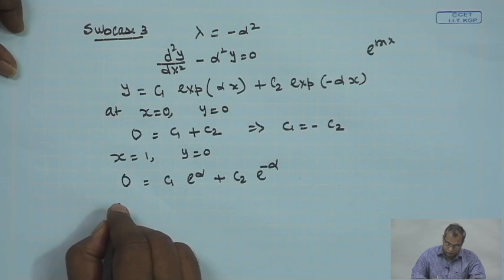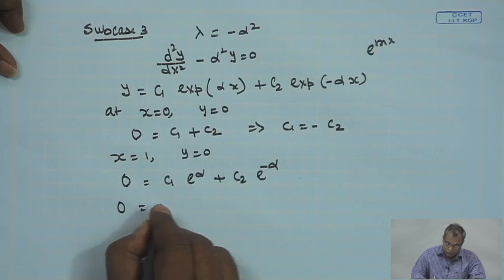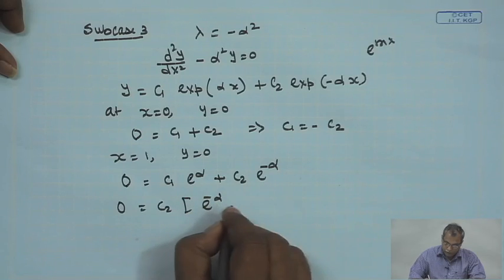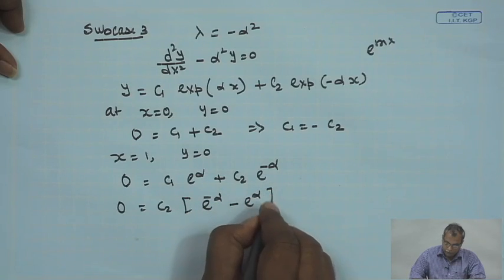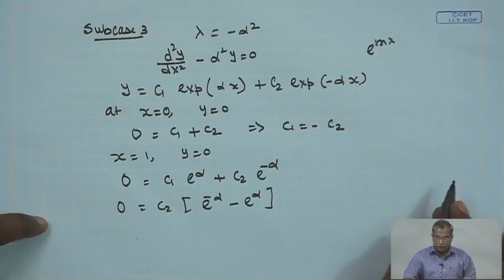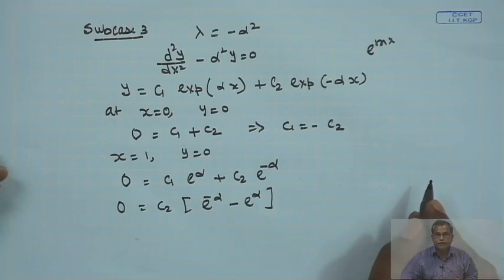c2 will be common. So, we have e to the power minus alpha minus e to the power plus alpha. Now, alpha is a positive constant.